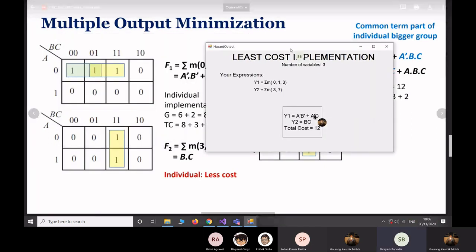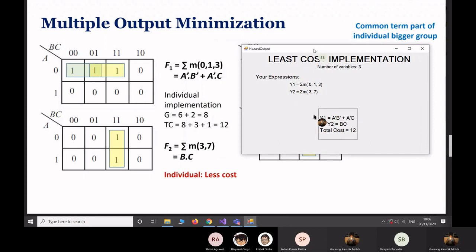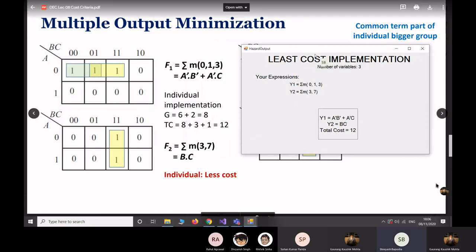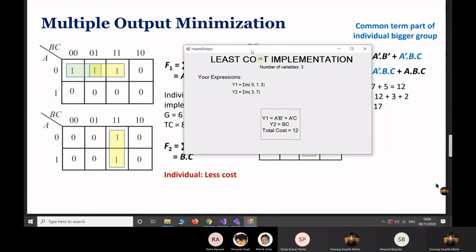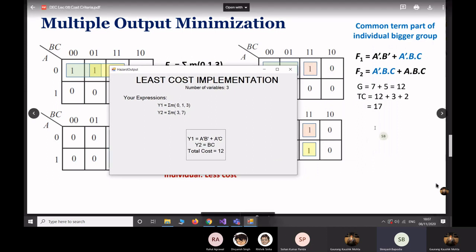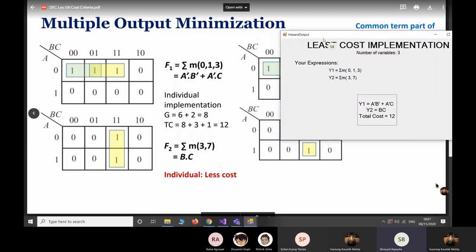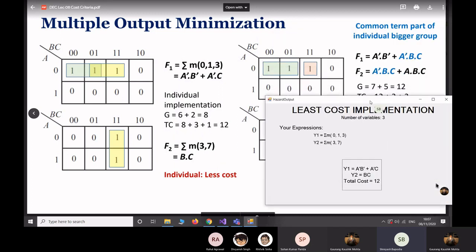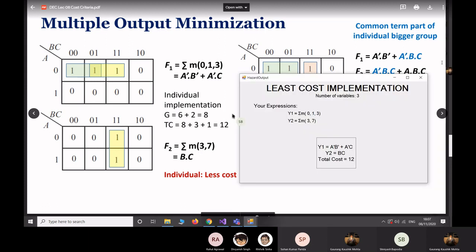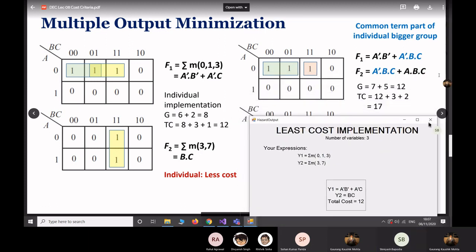Here you can see the individual implementation cost and the combined implementation cost. Here you can see that the individual implementation cost is less than the combined implementation cost. So this is our output layout. The output is shown as the representation of two functions along with their combined gate input cost.